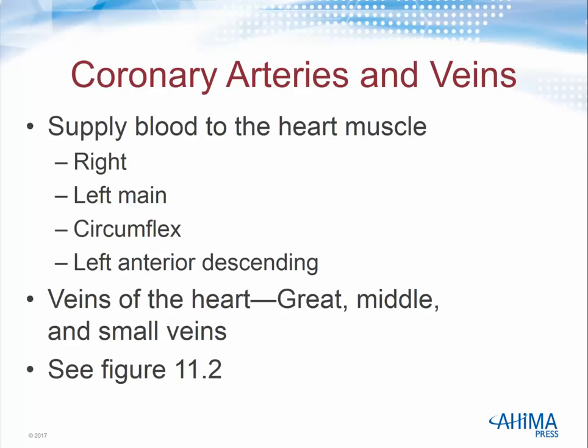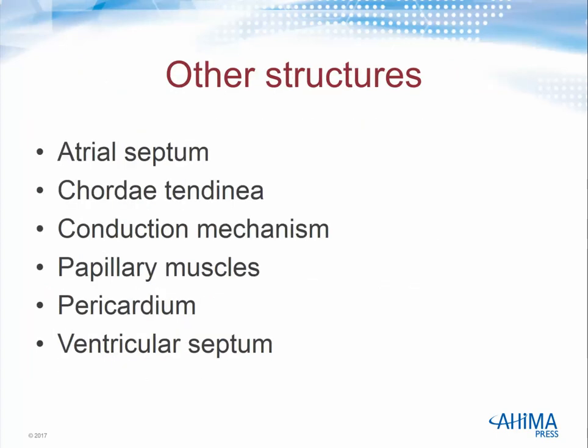Remembering that arteries are larger, veins are smaller. Other heart structures are noted for you also in chapter 11. The atrial septum. The textbook talks about the conduction mechanism, papillary muscles, the pericardium, and the ventricular septum.